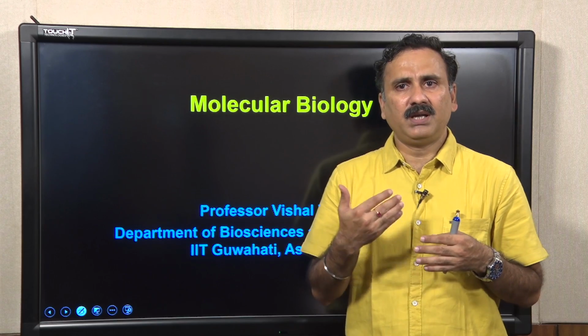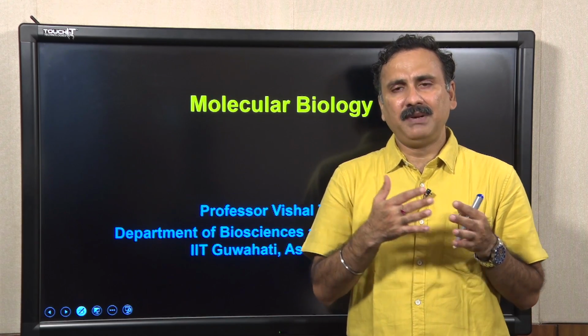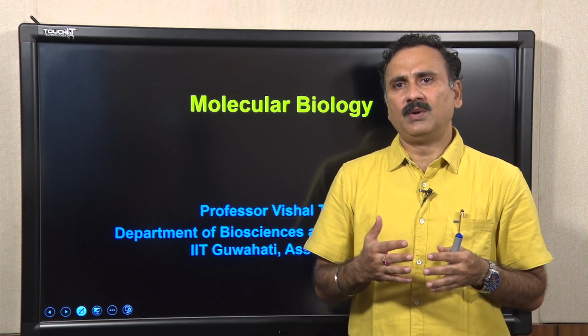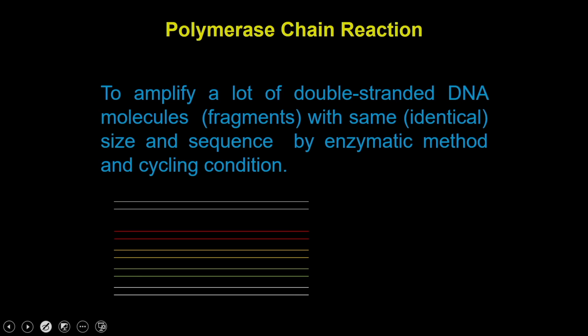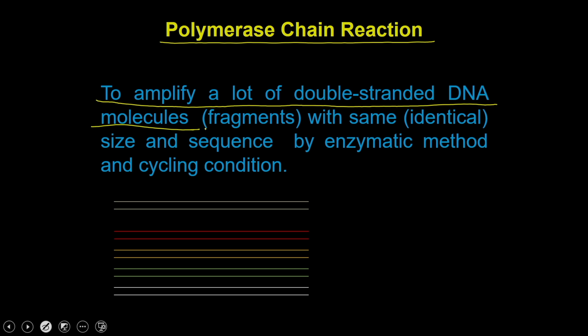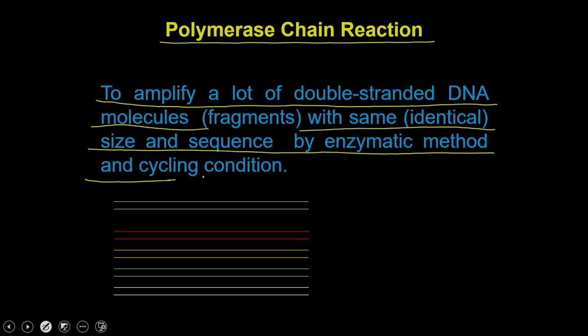When we talk about DNA, it is amplified with a technique known as the polymerase chain reaction. As the name suggests, the polymerase chain reaction is a technique which is used to amplify a lot of double stranded DNA molecules with the same identical size and sequence by an enzymatic method under cyclic conditions.